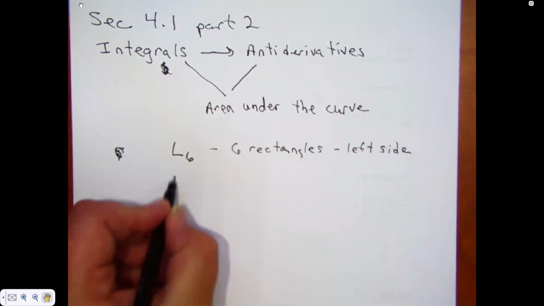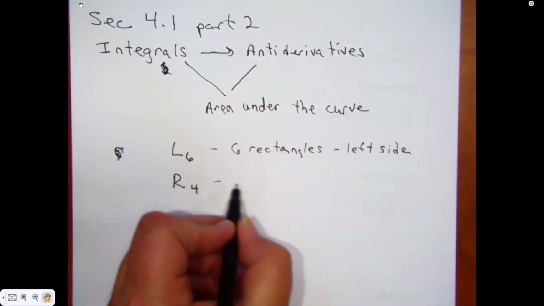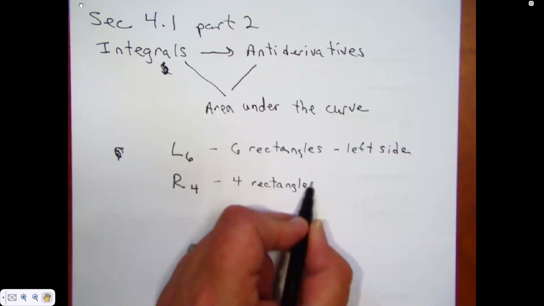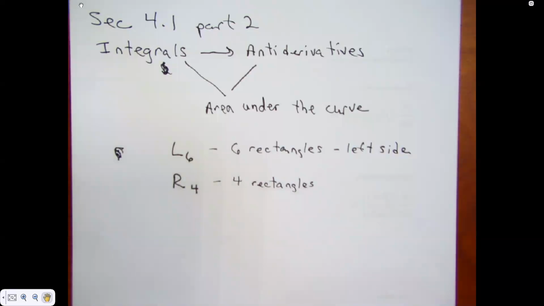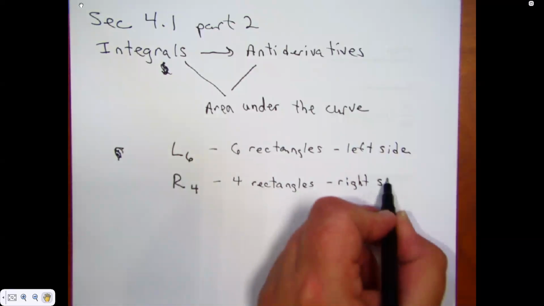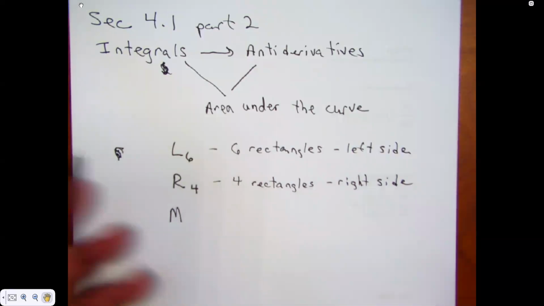So we could do R. Usually we keep them even, it's just kind of nice, but it doesn't have to be. R4 would mean 4 rectangles, and the R means right side. And then we could do M. I don't know, we could do 5.